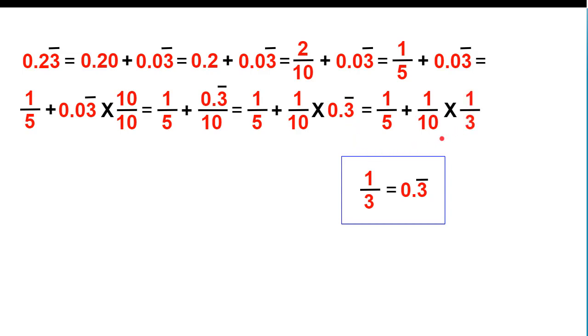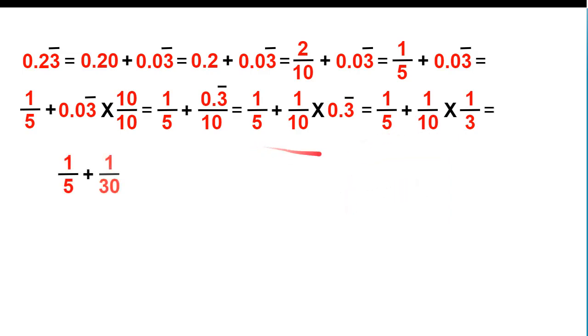And now we suddenly have a sum of one simplified fraction with a multiplication of two simplified fractions. No more decimals, no more recurring. It's a simple exercise which we can solve easily.